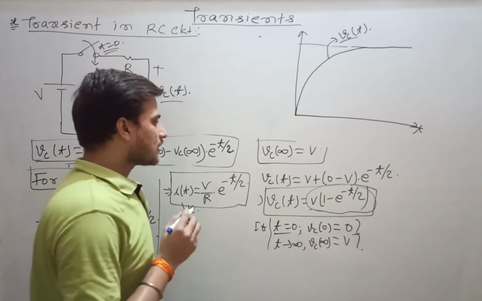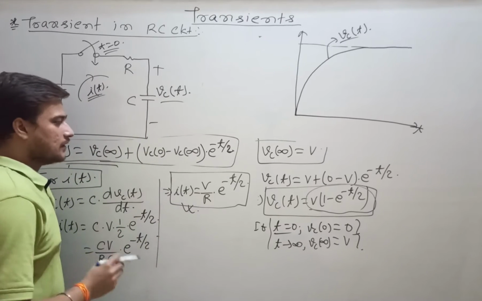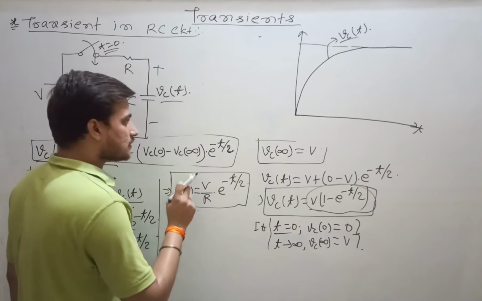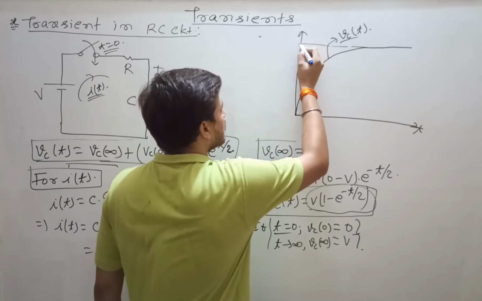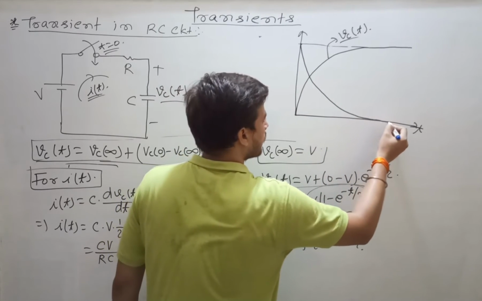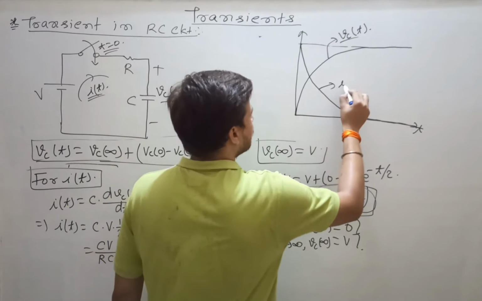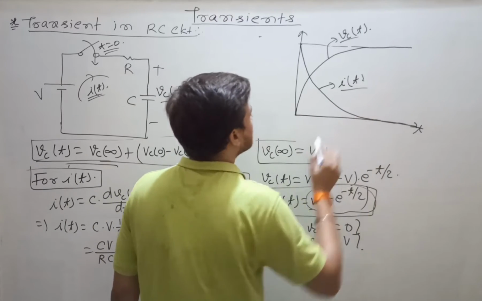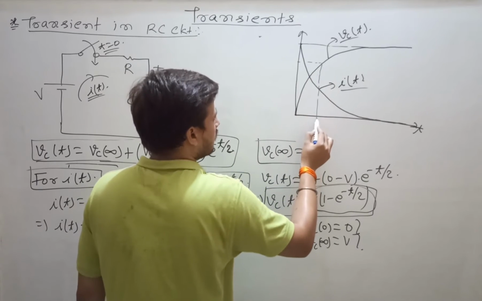Now we have to draw the graph for I(t). At t equal to 0, current is maximum, equal to V by R. So you will see the graph is coming like this one. This is the graph for I(t). Again, there will be a time constant tau.